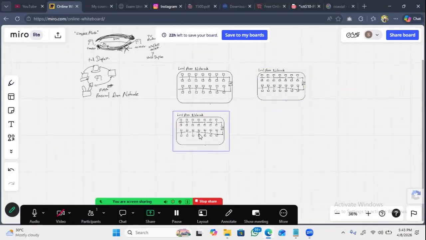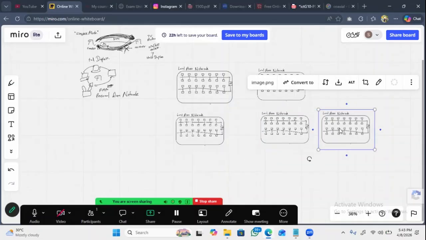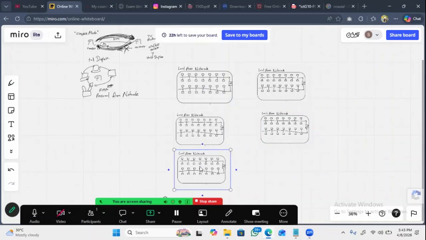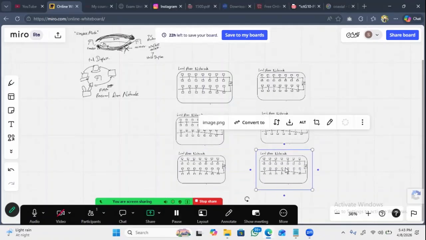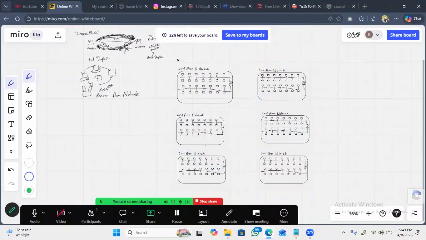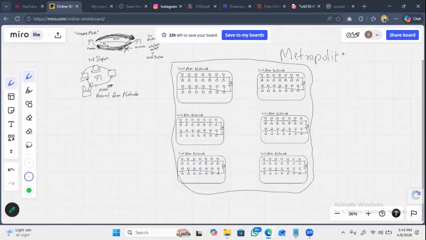Branches keep connecting. Colombo city, Dompe, like that. Now this becomes what? Metropolitan area network.